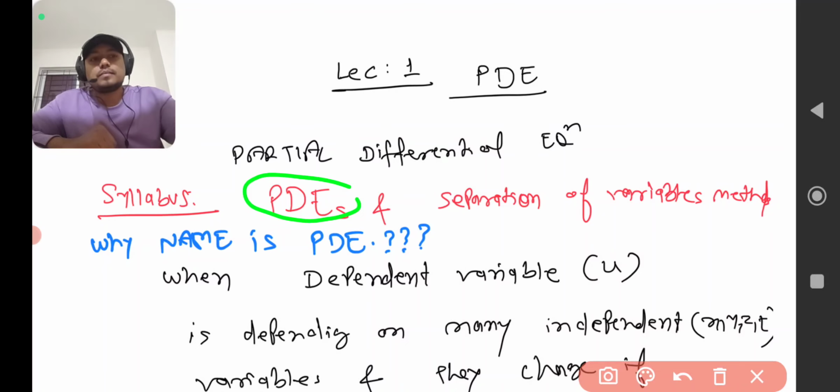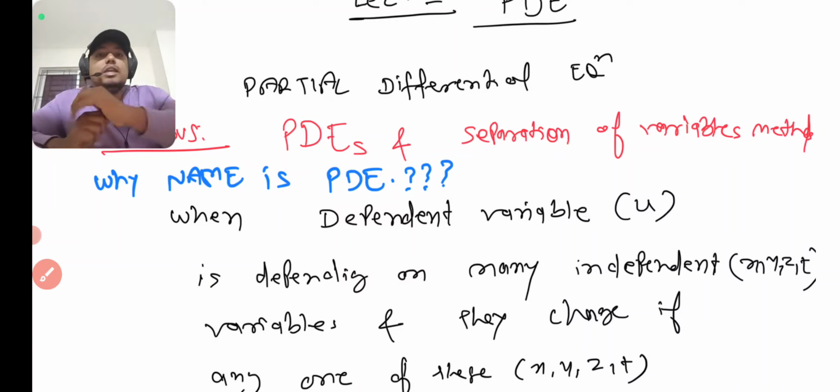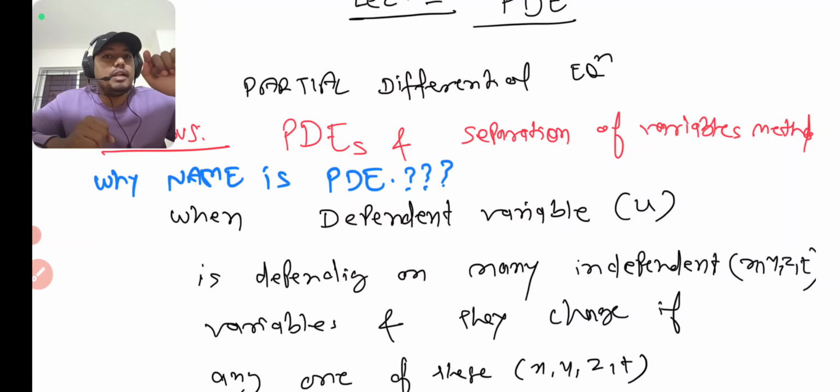Okay. So first we'll talk about why the name is PDE, why the name is partial differential equation. For that, suppose I'm giving you y is equal to f(x). What is the meaning of y equals f(x)? y is only depending on x, so y is the dependent variable and x is the independent variable. y equals f(x) tells you that when you change the value of x, the value of y will change.